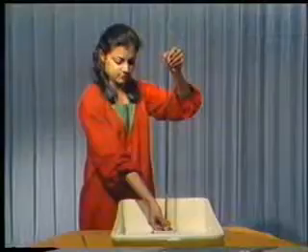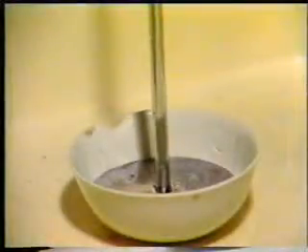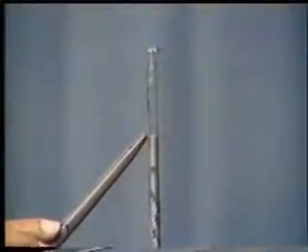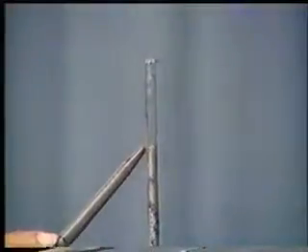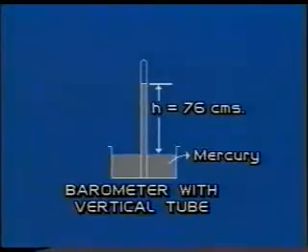On removing the finger, part of the mercury in the tube falls. The mercury column left inside the tube is supported by the atmospheric pressure. Mercury level stands at a height of 76 centimeters at mean sea level.